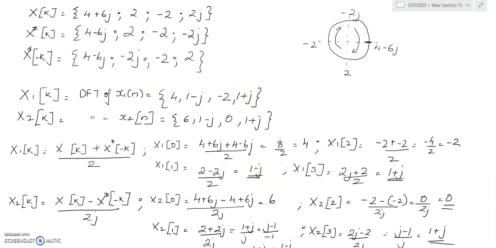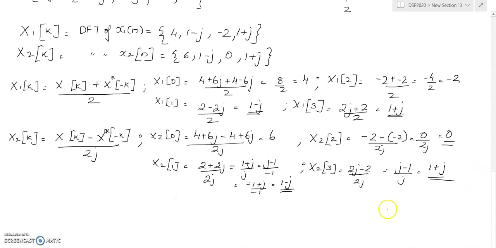And for x2 of k, it will be x of k minus x star of minus k by 2j, whereby if you perform this operation correspondingly, you will get 6, 1 minus j, 0, and 1 plus j, which is the result that we obtained over here.